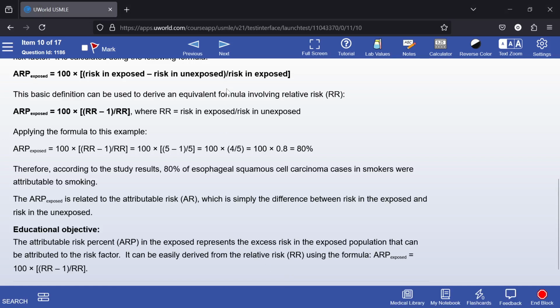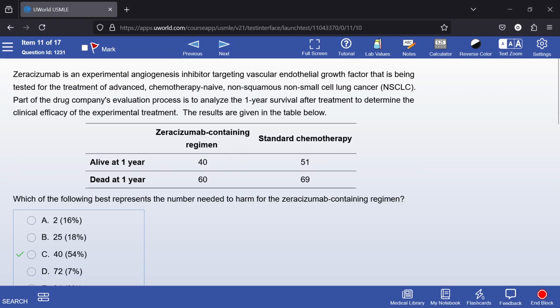Okay, look at this question now. Here they ask for the number needed to harm of the zirconium-containing regimen. Number needed to harm is 1 divided by the absolute risk increase, risk exposed minus risk unexposed. Risk exposed is death at 1 year.